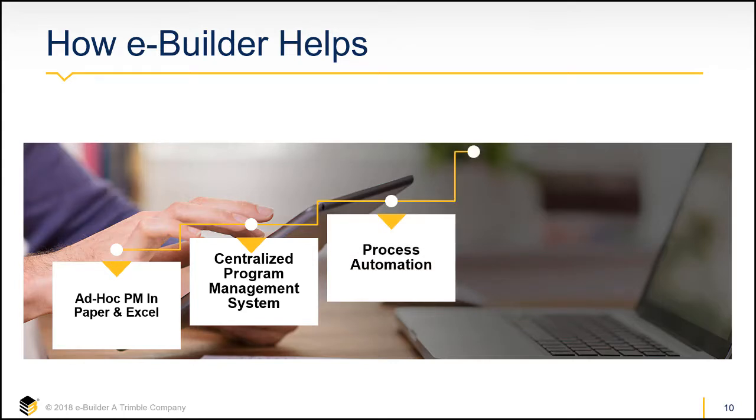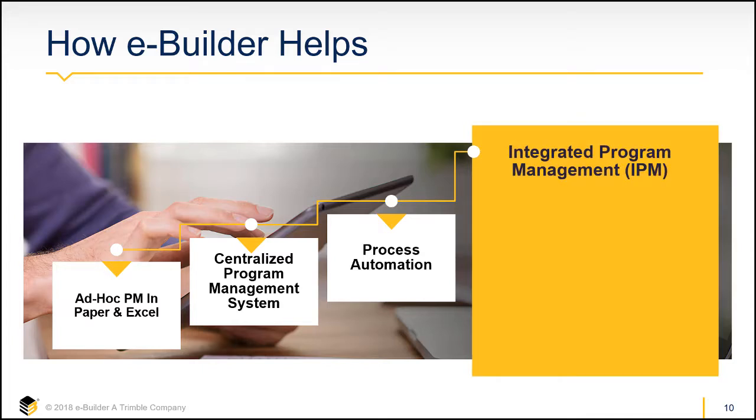As they progressed in their journey with eBuilder, they automated their numerous processes, resulting in a fully integrated program management system. One customer leveraged $70 million in savings from an active project to fund a new project several years ahead of the original planned start, which correlated into a 4% cost savings.